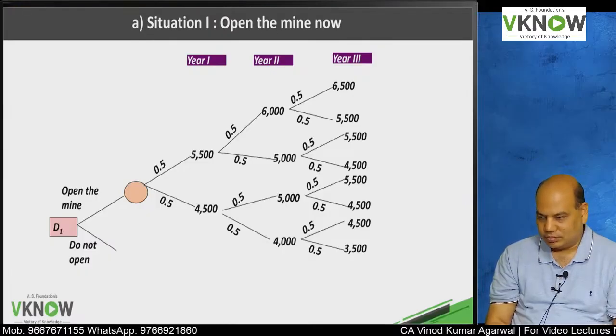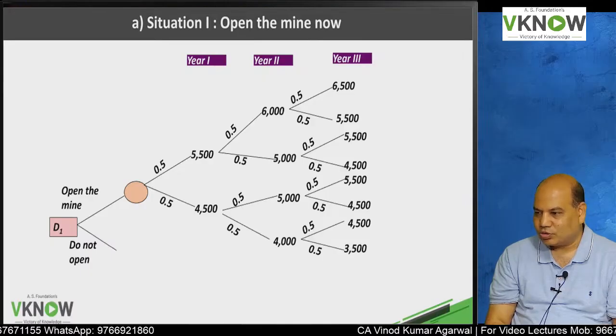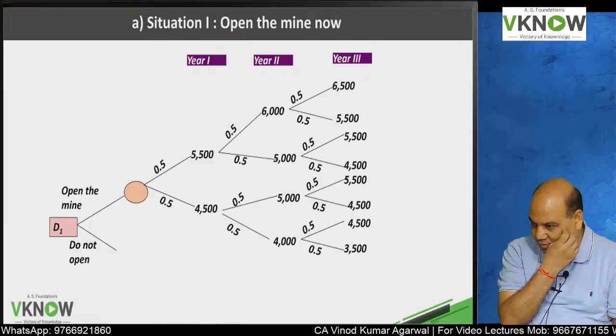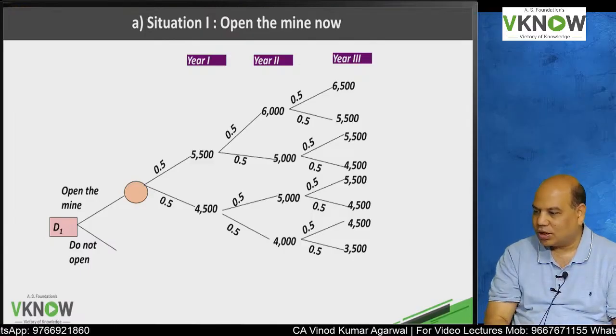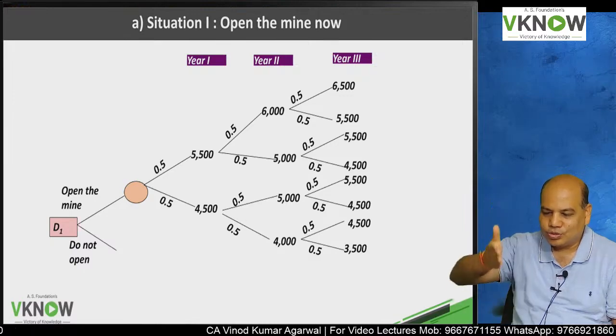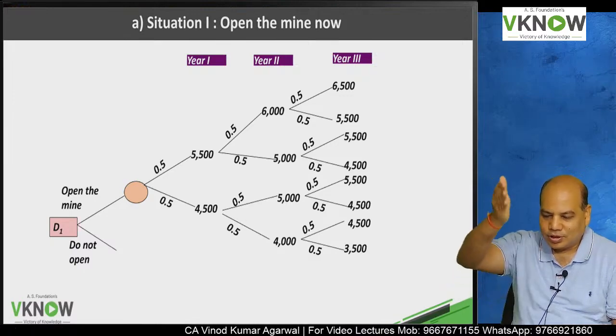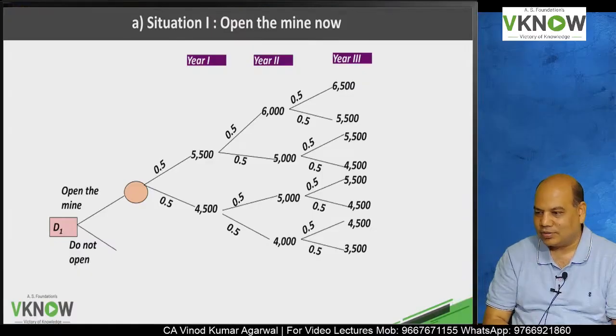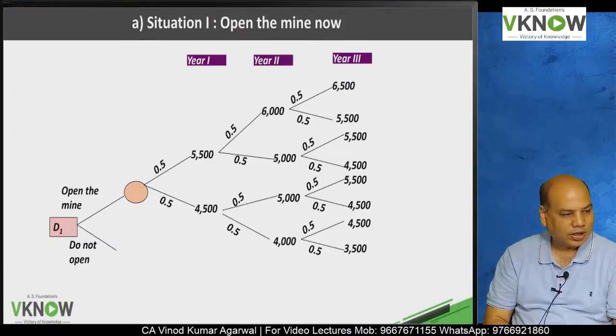It is more clear. The presentation looks nice. So have you drawn the diagram? Please tell me. Draw nicely. All year 3 should come in 1 line. All year 2 should come in 1 line. All year 1 should come in 1 line. So you have drawn the diagram. Very good.